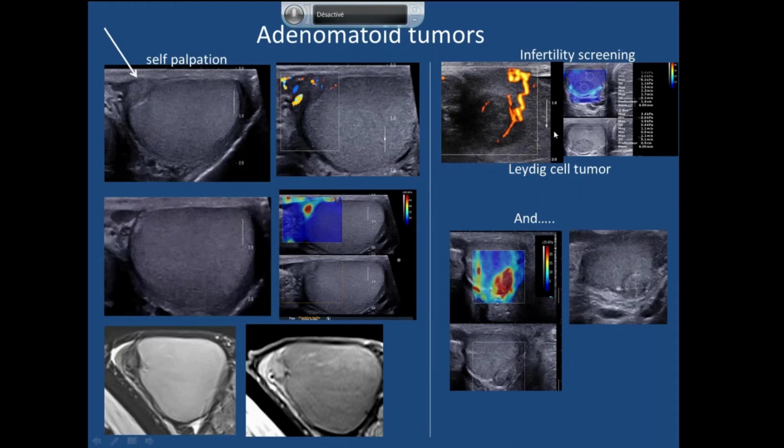This patient had an infertility screening, discovering a benign Leydig cell tumor with a slightly stiff lesion, and the elastogram demonstrates it also. We have not seen that at the B mode, but afterwards we saw that there was a real increased lesion at the periphery of the testis, corresponding to an adenomatoid tumor.